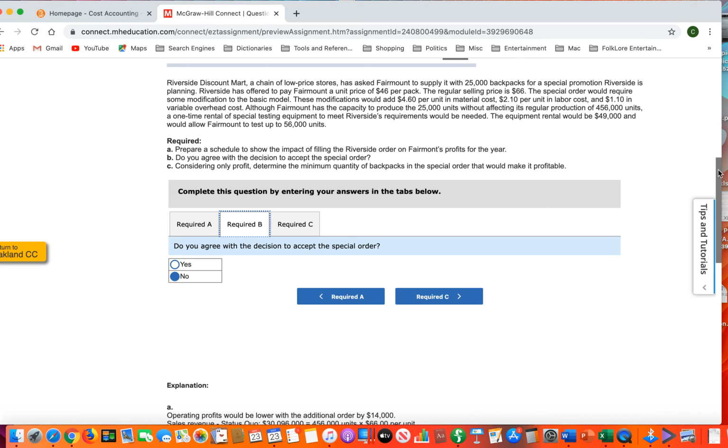So the contribution margin per unit is 25,000 divided by the 35,000, is 0.71429. That's your contribution margin per unit.